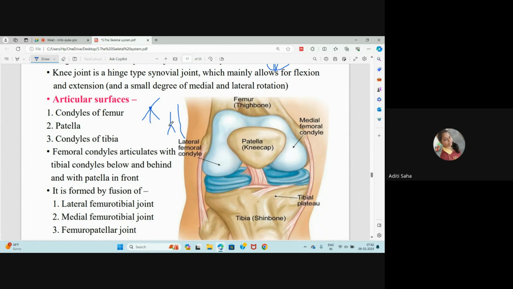So if we are fixing our upper leg from the hip joint, and if we are moving our lower leg from the knee towards the midline of the body, then it's medial. And if we are moving our lower leg away from the midline of the body, then it is lateral. If you find any example, then okay.